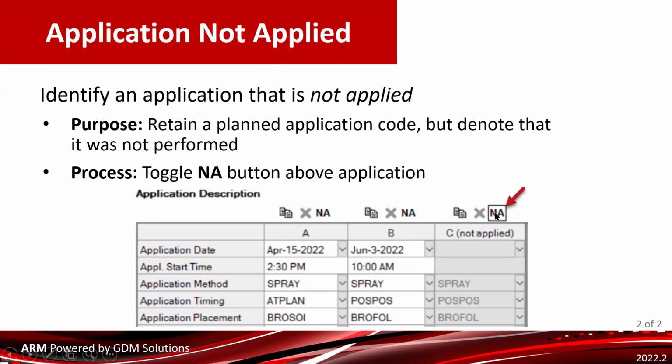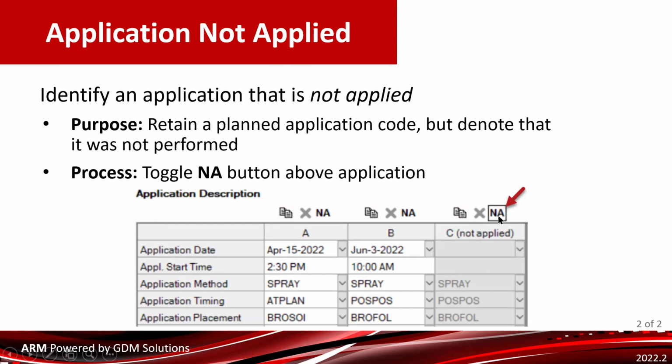So kind of tied to that is this ability, if for some reason a planned application is not applied, you can still keep that application code. So you know that the plan was there was going to be 3, but in this particular trial, only 2 were performed.